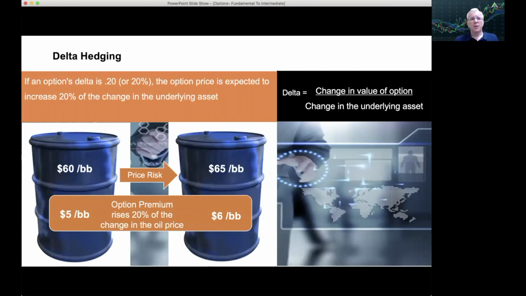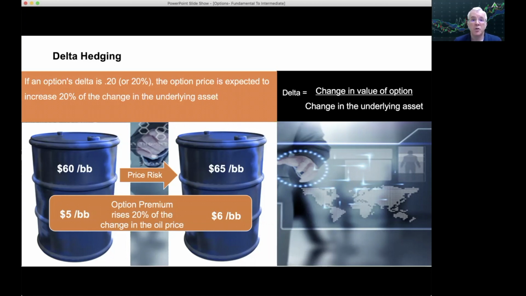Now imagine you've bought a call option on oil. Now let's go back to the magical days of $60 a barrel. It's a nice round number. The option is a 20 delta option. So what that means is if the price of the underlying moves up, your option value will move up in value by 20% of that change. So let's say oil is at $60 a barrel, and I'm going to charge you $5 a barrel to buy that.